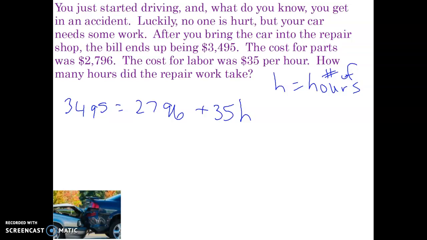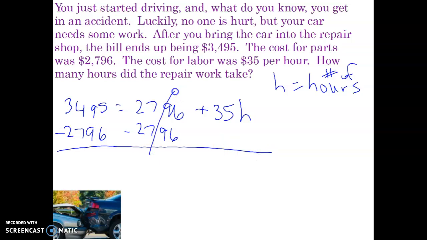Okay, so how will I solve this? Trying to get H by itself. First step, subtract 2,796 from both sides. Right, those are going to cancel out. You can type that in your calculator if you want to, or you can just work it out. Either way, you're going to get an answer of 699.